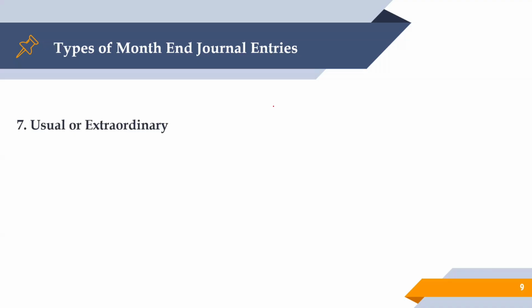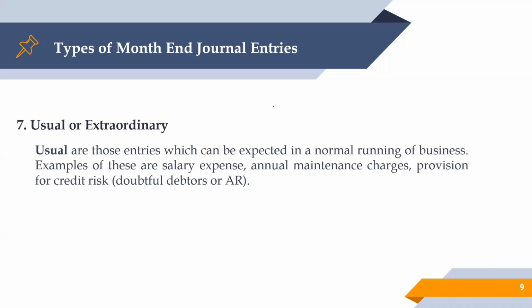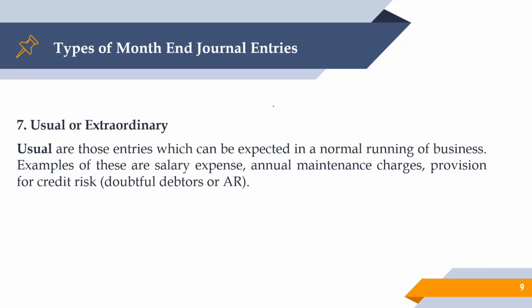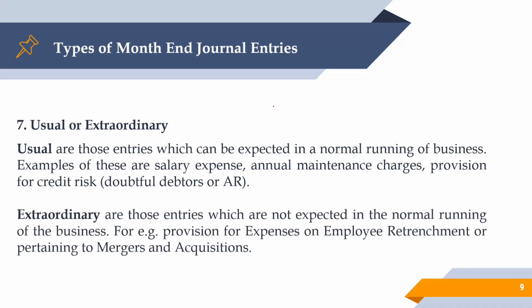Next is the usual or extraordinary journal entries. Usual are those entries which can be expected in the normal running of a business. Examples of these are salary expenses, annual maintenance charges, provision for credit risk, doubtful debtors or AR. Extraordinary are those entries which are not expected in the normal running of the business.